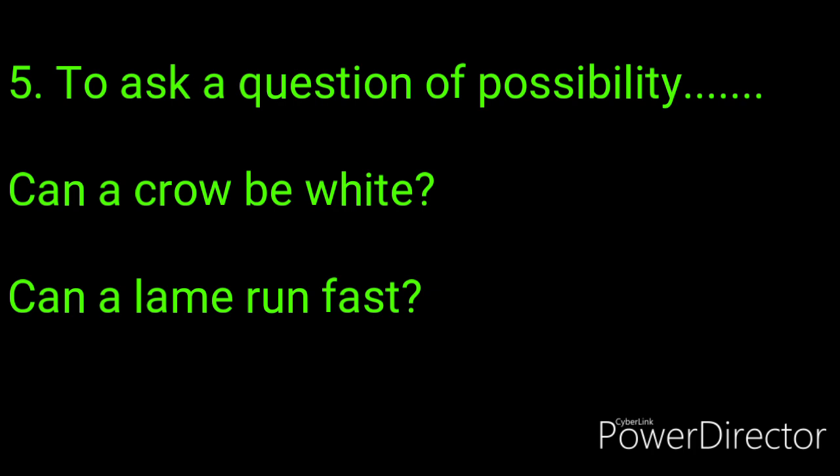It is not possible for a lamb to run very fast. But to inquire about that, we use the modal can. So to ask a question of possibility, we use the modal can. So there are 5 uses of the modal can which are asked in our examinations.